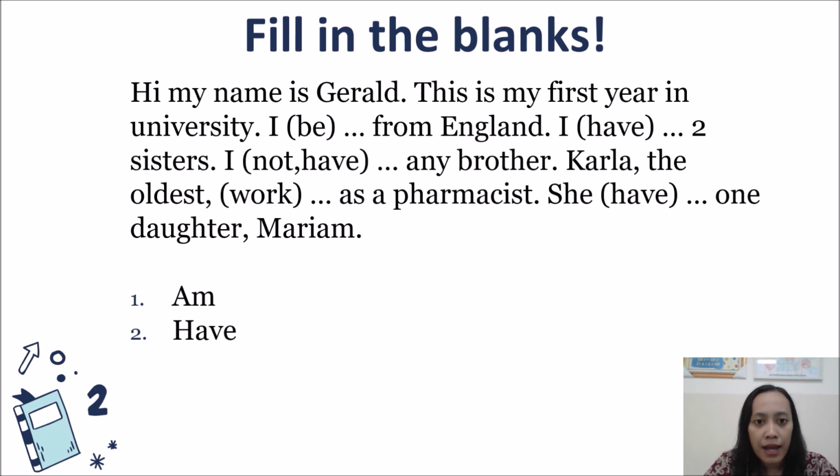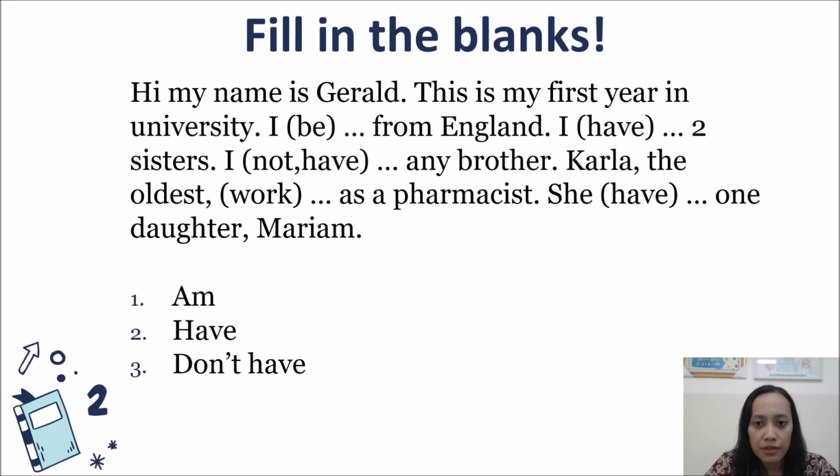Number three, I not have any brother. The subject is still I, which is Carol. And here, because we have not, it means that this is negative. Don't forget, when we have a negative sentence, we need the auxiliary do or does. Because the subject is I, we will put do not have there. Next, number four, Carla, the oldest, work as a pharmacist.